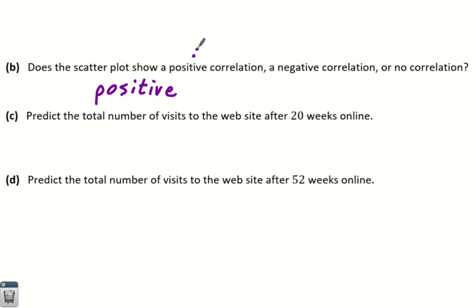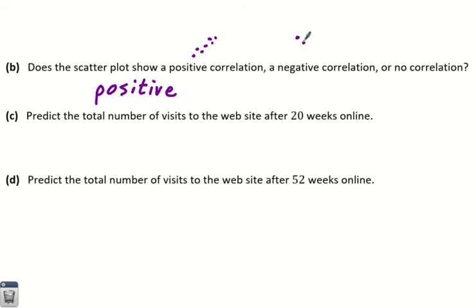To elaborate on that, when the dots go uphill like that, it means that when one variable increases, the other variable also increases. And the same goes if one were decreasing, then the other variable would also decrease along with it. So they would increase together or decrease together.